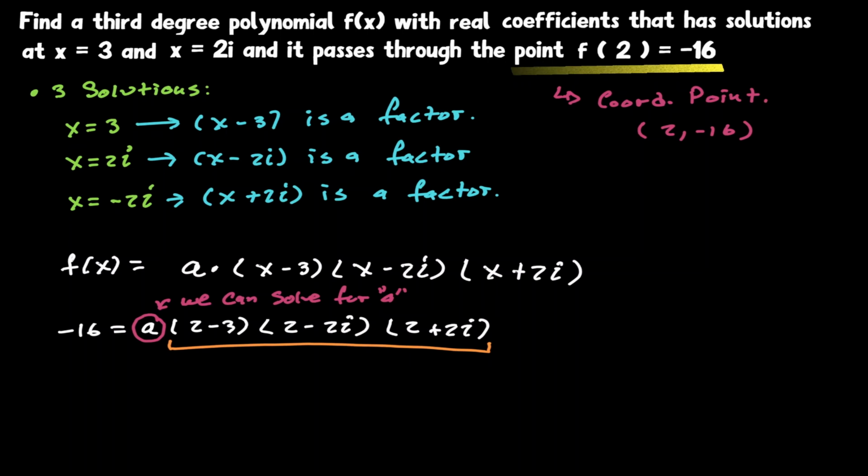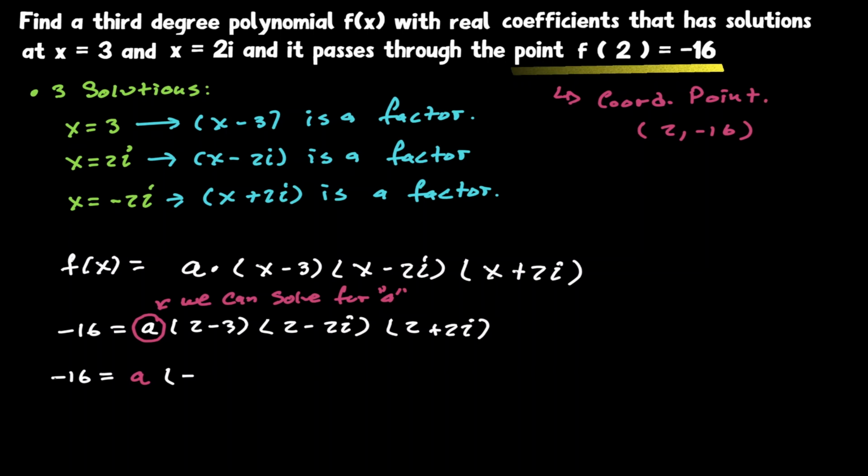What I recommend is to start by multiplying the two expressions that we obtained from complex conjugates. This is going to simplify our calculation. So let's bring down the negative 16, a, which is what we're looking for. Let me actually write that down in red to indicate that that's the objective.